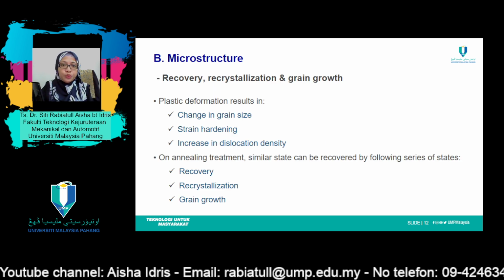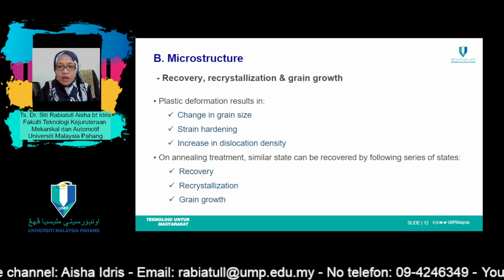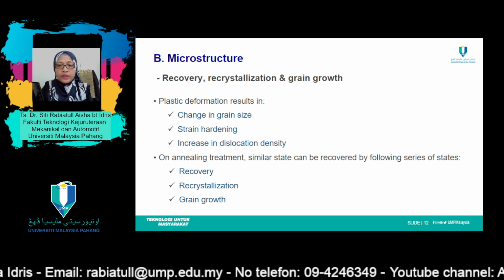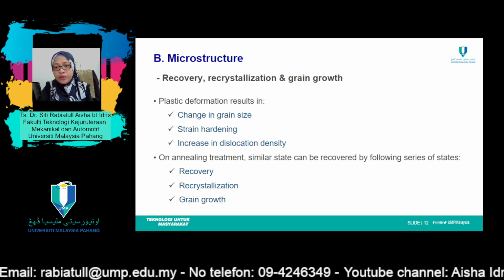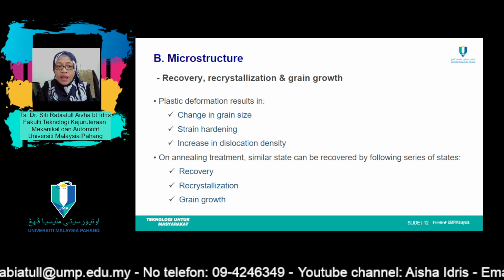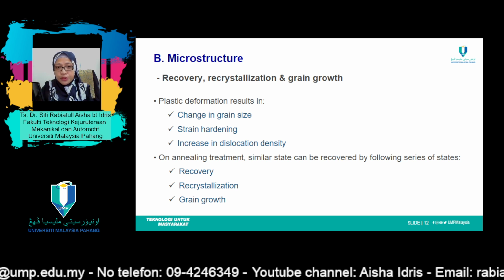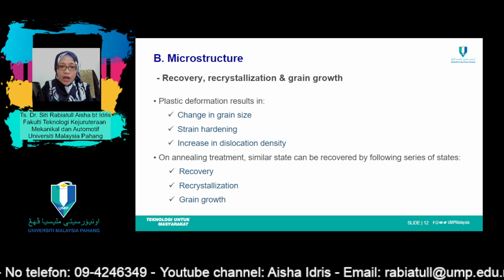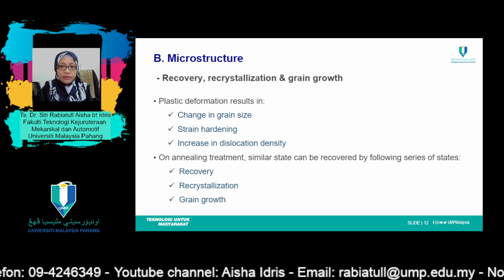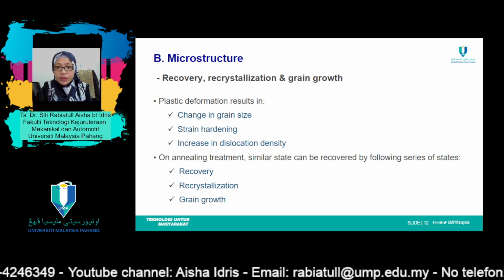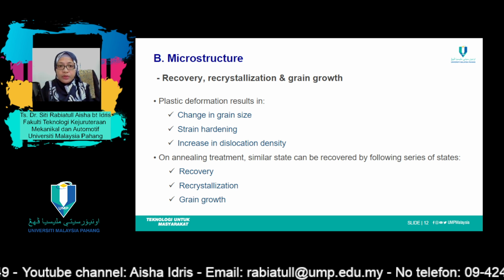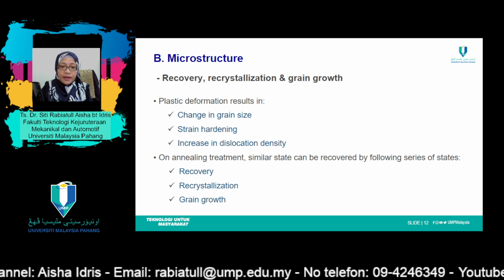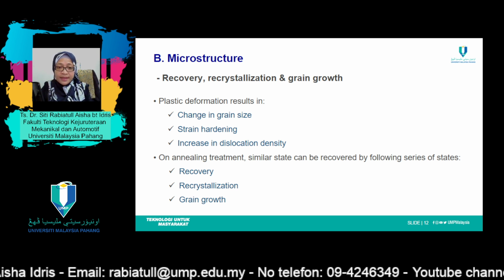So moving on to our next content for today: recovery, recrystallization, and grain growth in the microstructure. As outlined earlier in this lecture, plastically deforming a polycrystalline specimen at temperatures that are low relative to its absolute melting temperature produces microstructural and property changes that include a change in grain shape, strain hardening, and an increase in dislocation density.